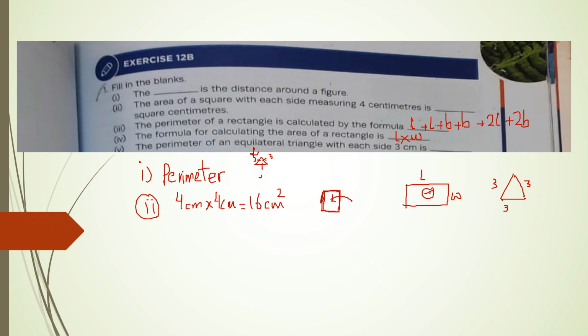So the perimeter of an equilateral triangle with each side 3 centimeter, you just have to add the lengths. 3 plus 3 is 6, 6 plus 3 is 9. So in this case the unit will be centimeter, because as you are adding the numbers the unit will remain the same, and in multiplication you will write it in the power form, right?